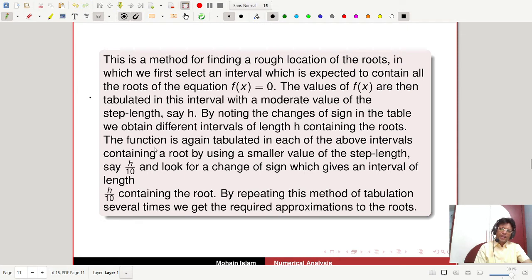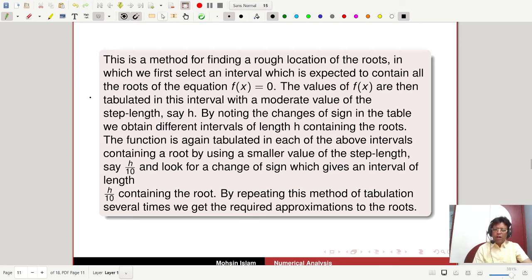The function is again tabulated in each of the above intervals containing a root by using a smaller value of the step length, say h/10, and we look for a change of sign which gives an interval of length h/10 containing the root. By repeating the method of tabulation several times, we get the required approximation to the roots. So this is the method of tabulation.